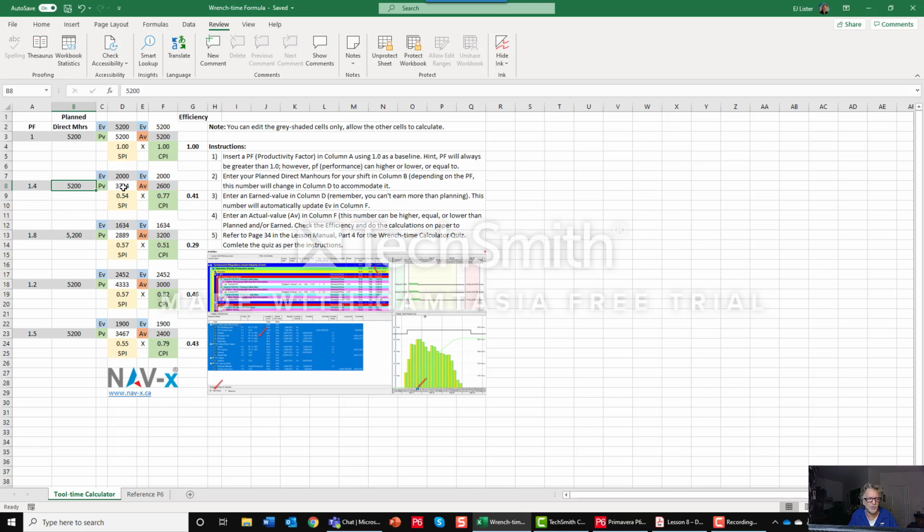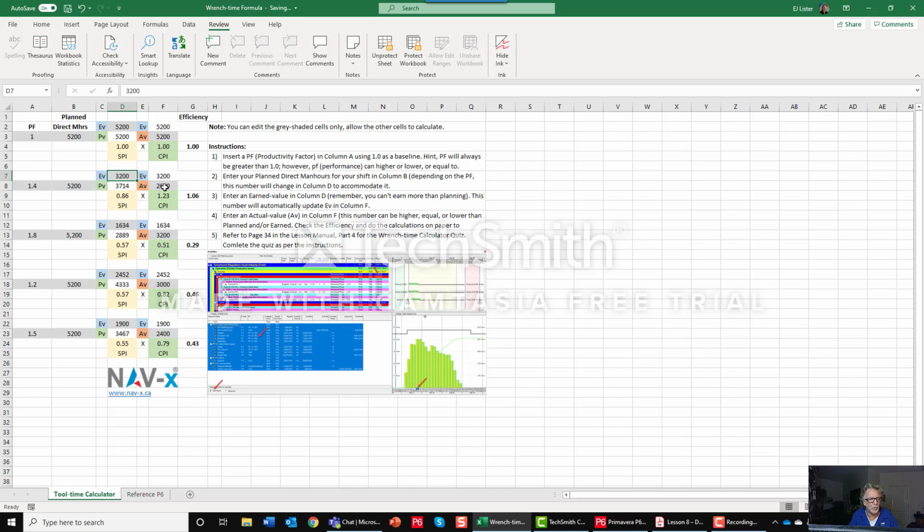That's the most I can earn. So at the end of the day, maybe I got lucky and I actually earned that 714. So my SPI is good, but in reality, I probably earned maybe 3,200, which means my SPI is below 1, sitting at 0.86. So already a bit of a challenge, okay?